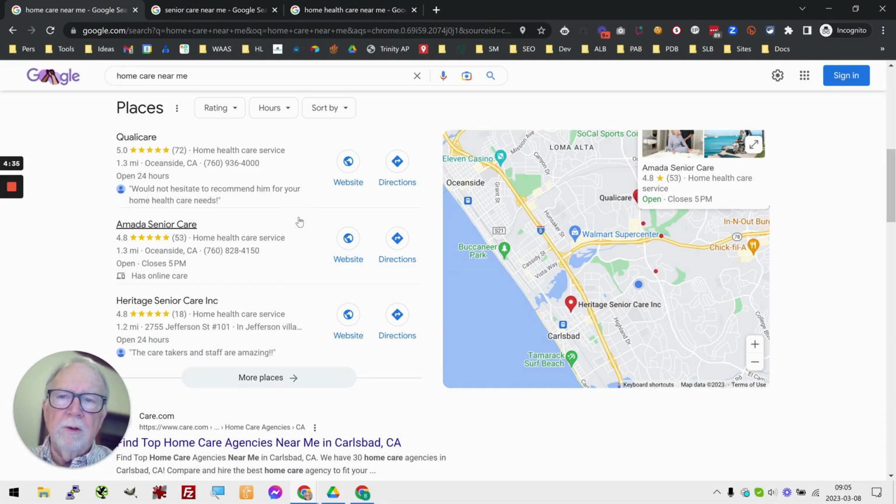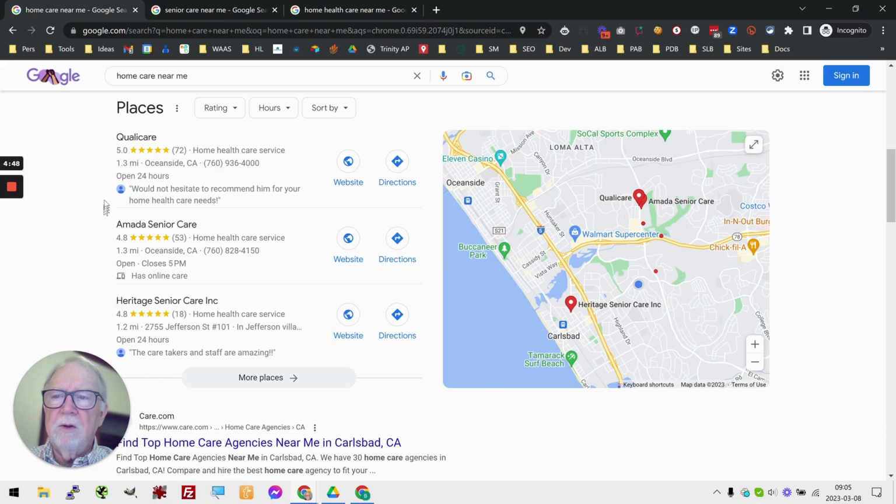Another important one is the number of reviews that you have, along with the recency of those, and also your review score. So all four of these companies you might notice here have a pretty good average score, 5 out of 5, 4.8 out of 5, or 4.8 out of 5.